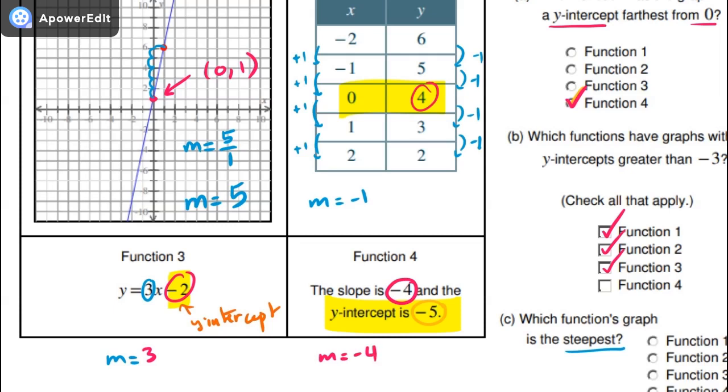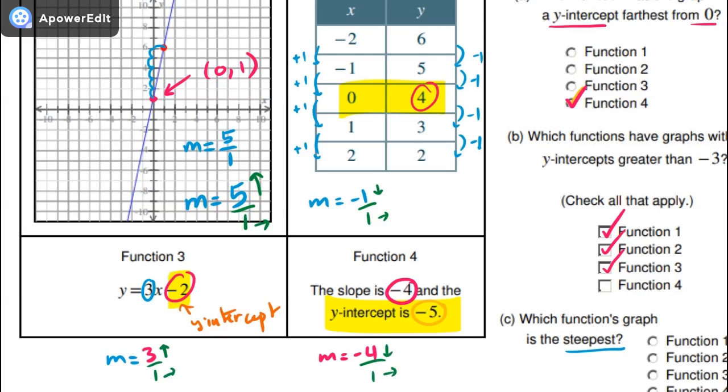When they say the steepest, it's how steep, how high up it's going to go. As we know, when you graph this, it's 5 over 1. You go up 5 over 1. This is negative 1. You go down 1 over 1. And this is 3 over 1, so go up 3 over 1. And this is negative 4 over 1, so down 4 over 1.